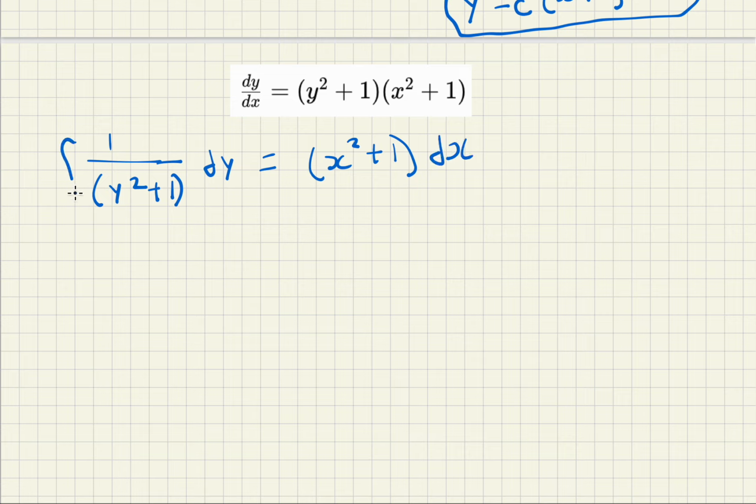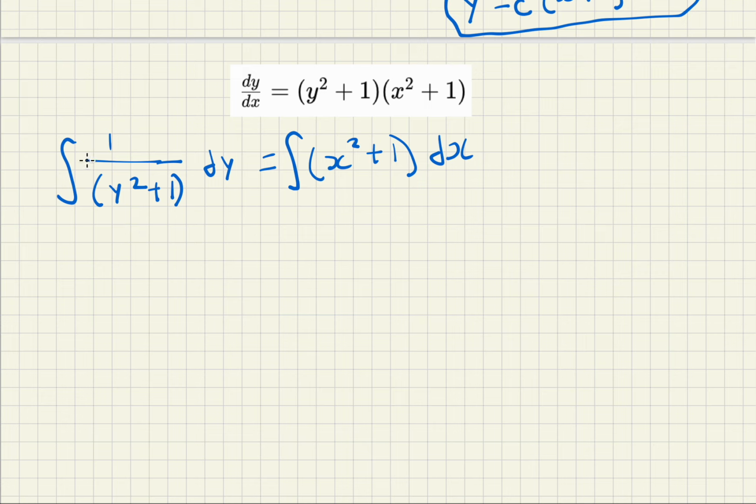Now we can take the integral of both of these sides, and in this case, working on the left side first, 1 over y squared plus 1 is actually an identity. So 1 over y squared plus 1 is actually tangent inverse of y.